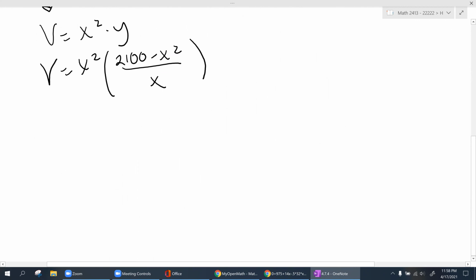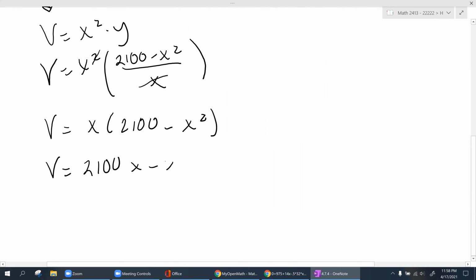I cancel this out with one of these, leaving me with x times 2100 minus x squared over 4. Therefore, V is equal to 2100x minus x cubed over 4.